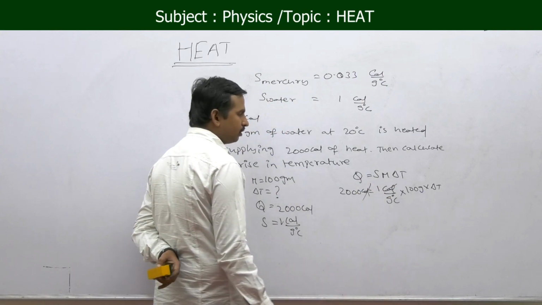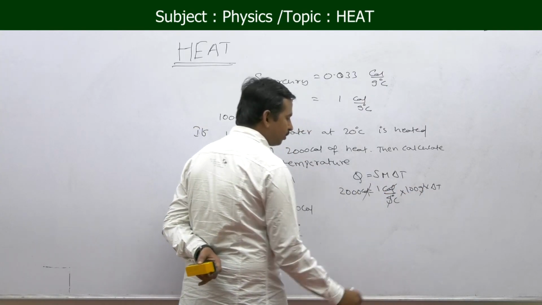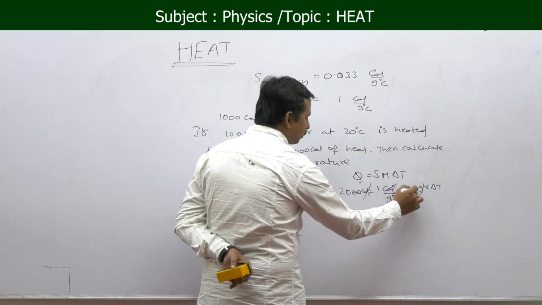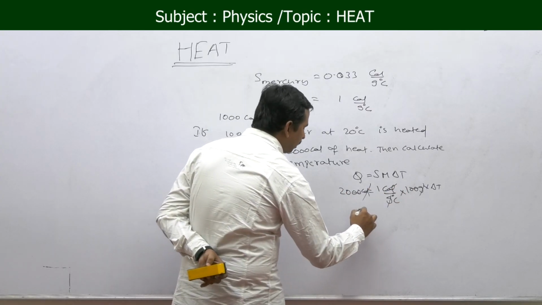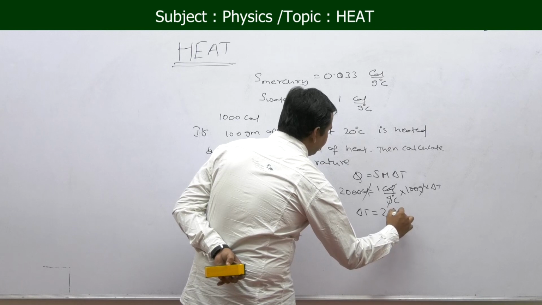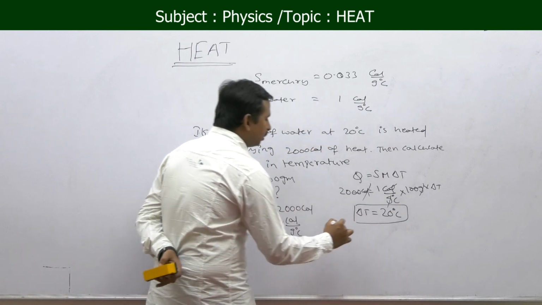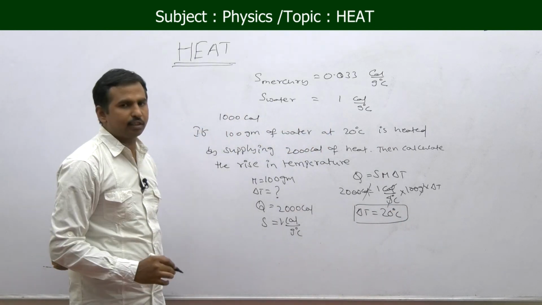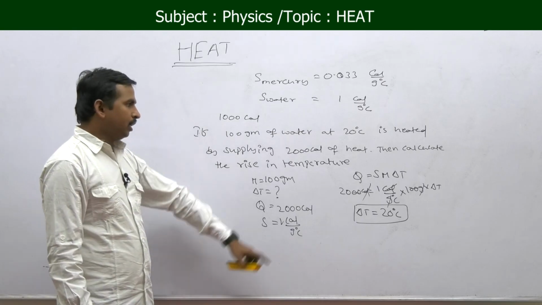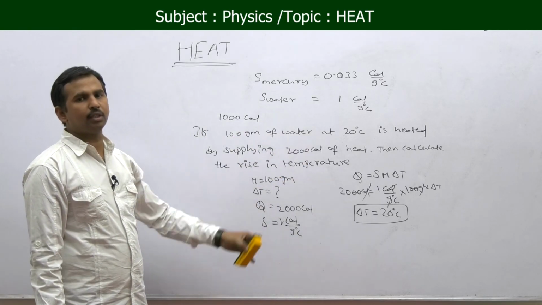So that calories, and here the grams get cancelled and both the zeros get cancelled. Then delta T becomes 20 degrees Celsius. So delta T is equal to 20 degrees Celsius means here we are heating. Heating means there is a rise in the temperature.